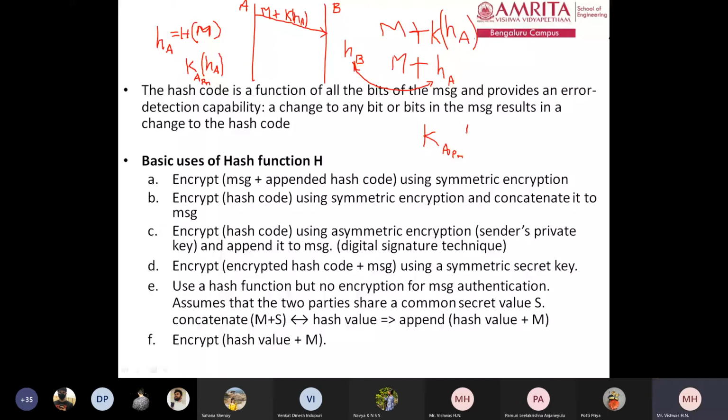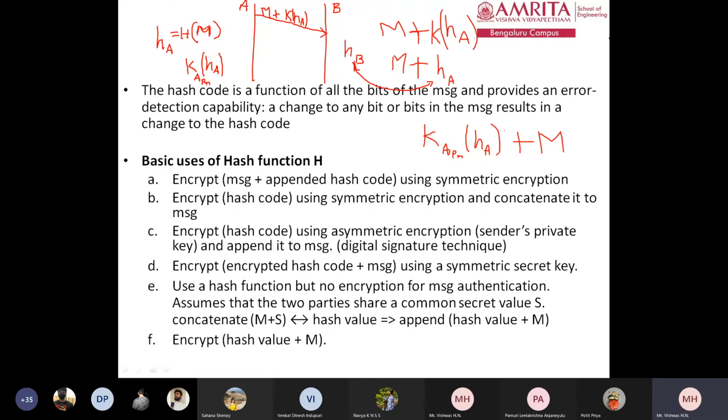Hash code of A, this is what you have. This is the encrypted hash code, plus you have the message. Generally we used to send these two. If we send these two, it is very much proved that authentication and integrity.